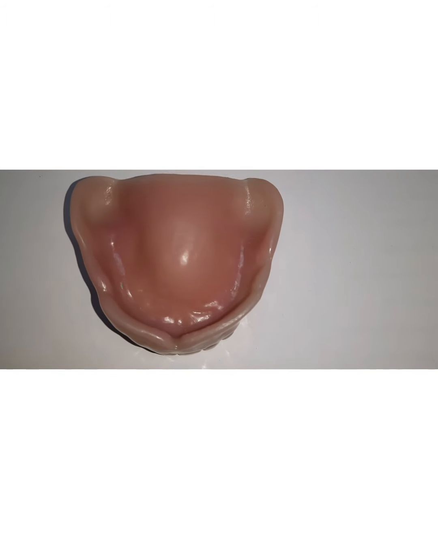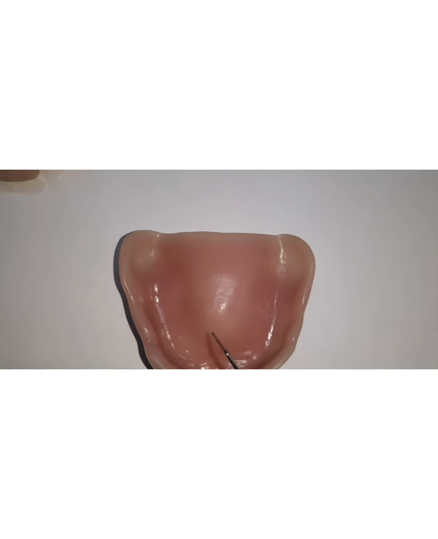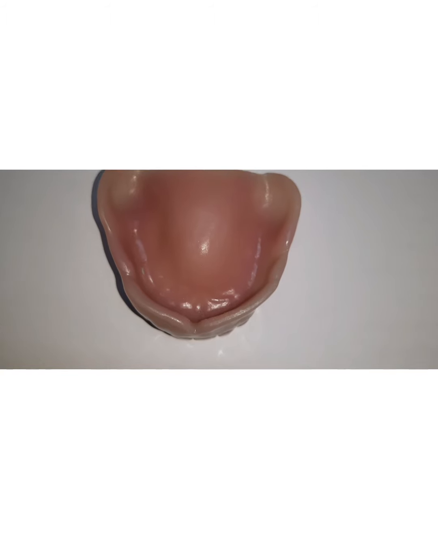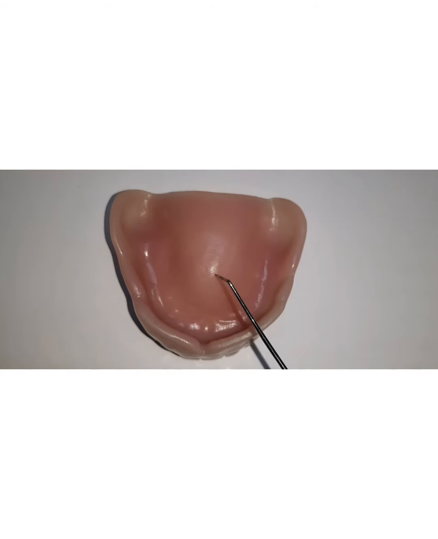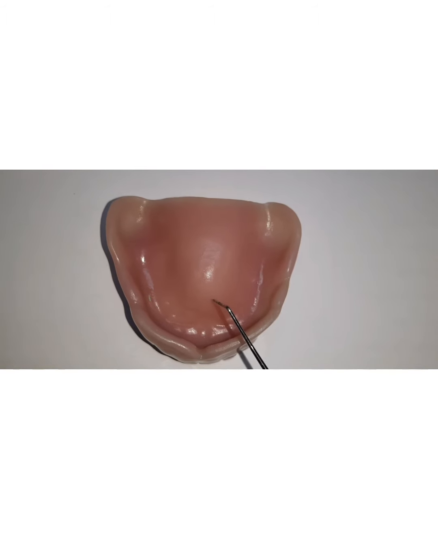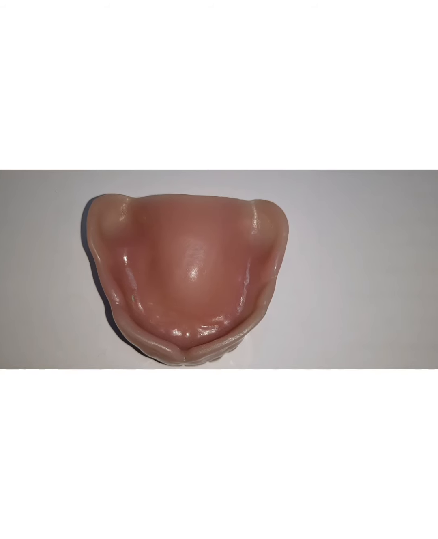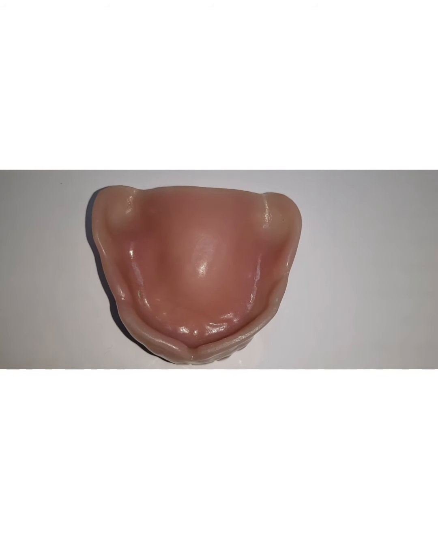This is the negative replica of the tissues. Also, this surface should be free of any voids or acrylic blebs. If there are any, you should trim them, because they will injure the gentle mucosa.